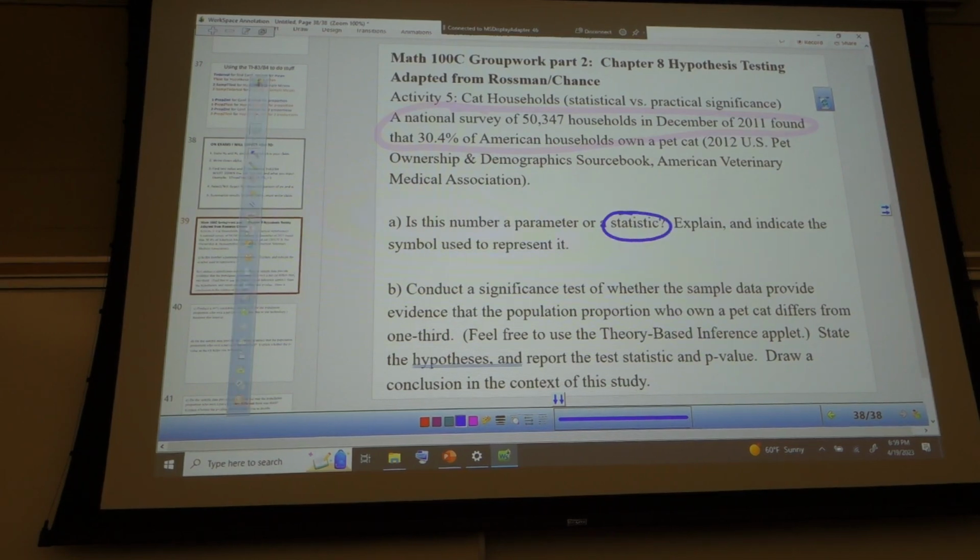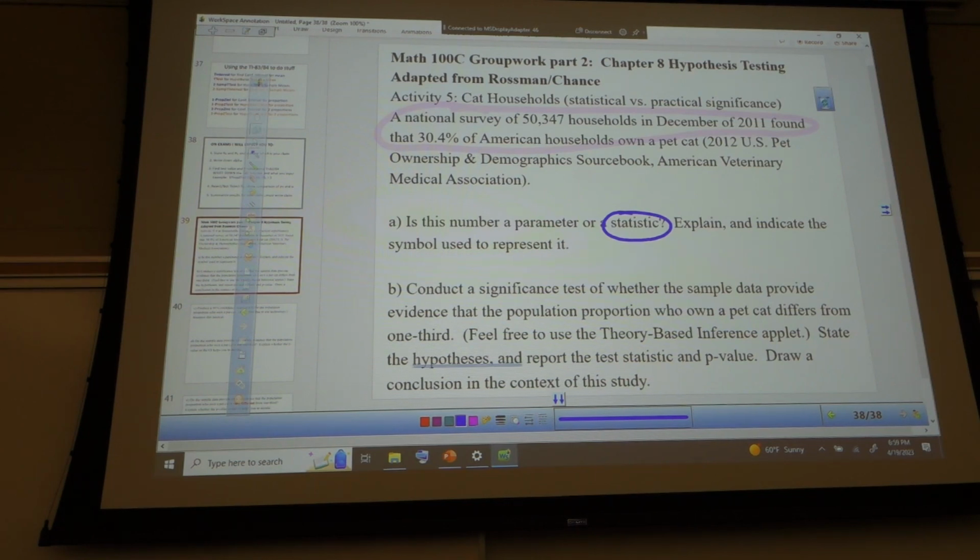What is the symbol for this statistic? Survey of 50,000 households in December 2011 found that 30.4% own a cat. Is it a proportion or a mean? It's a proportion. How do you know it's a proportion? There's a percent symbol. It's a proportion.